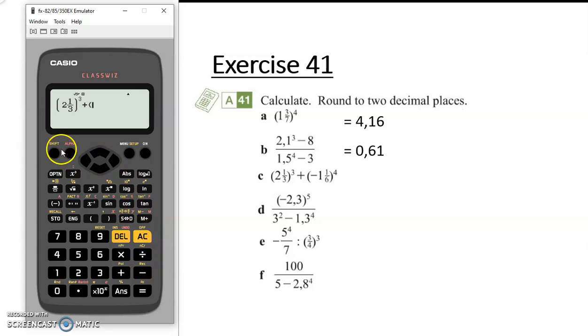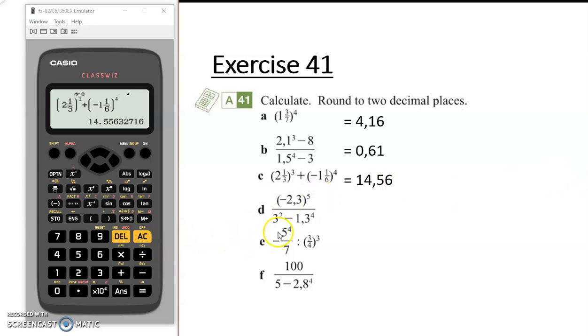You can also push the shift and then the fraction again because it's a mixed number, and then here minus 1, and then above the 1 and under in the denominator the 6. Go to the right because I need to close my bracket, and then to the power of 4. So the answer is 40.56.